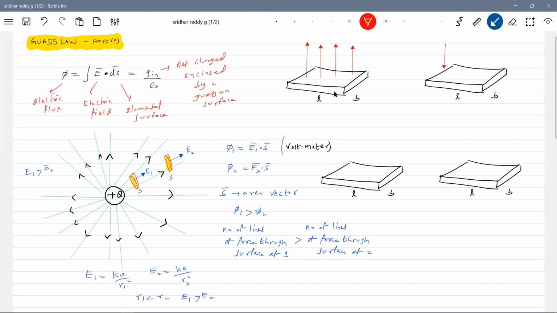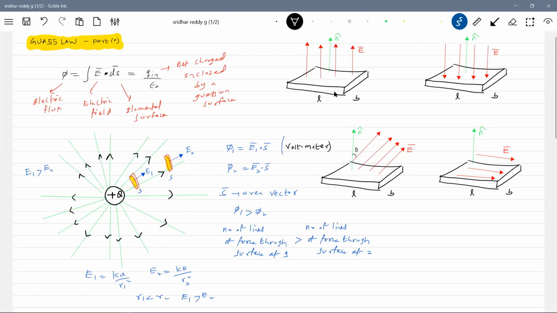So now again, I have considered now four situations, where this will make an angle, let it be theta.